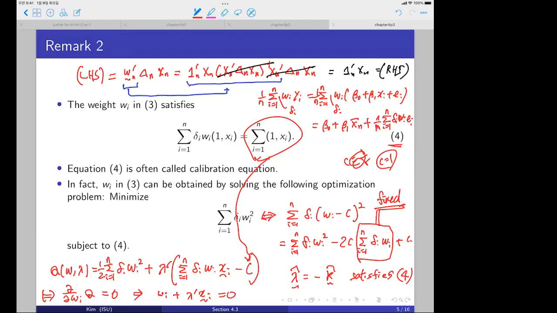So why do we not want negative weights? Actually, this kind of problem was investigated a long time ago, in 1978 in survey sampling, by Huang and Fuller.